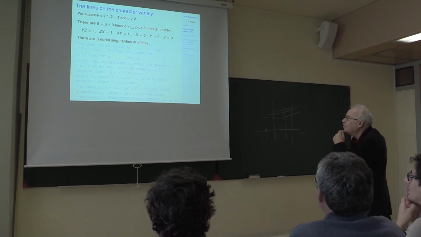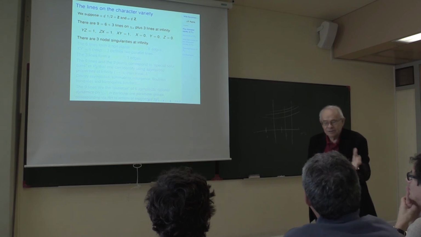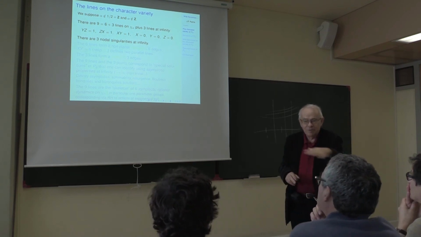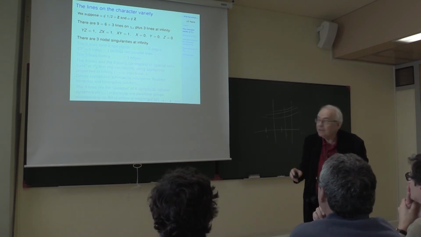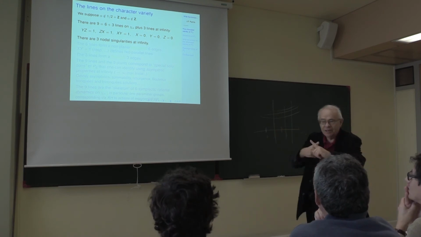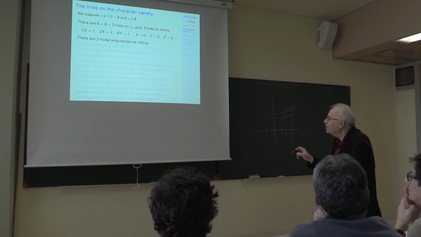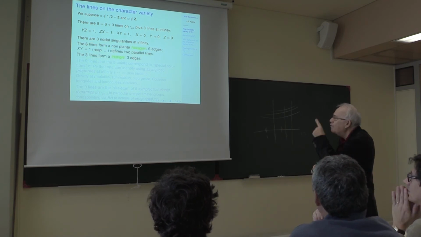So you have a quartic equation and a linear equation. You cut a quartic and a cubic, or a plane and the cubic, and you get, in the first 3 cases, 2 lines, and 1 line in the other case. You have 3 nodal singularities at infinity.